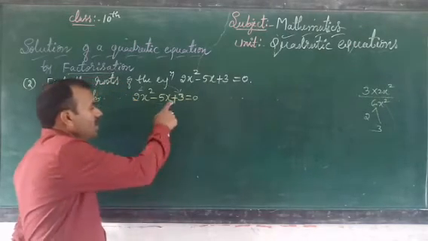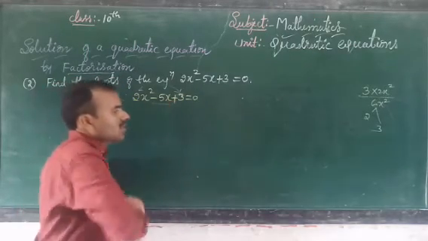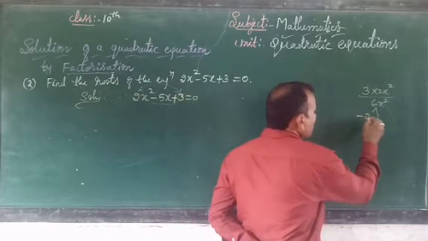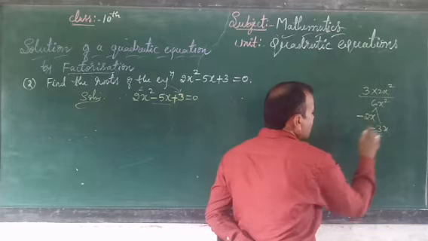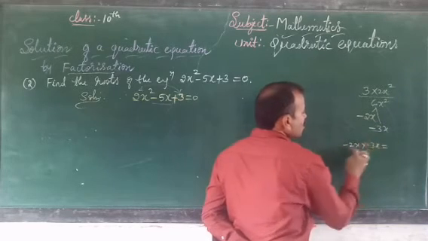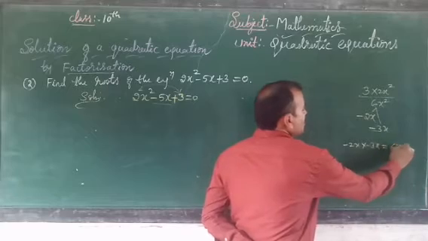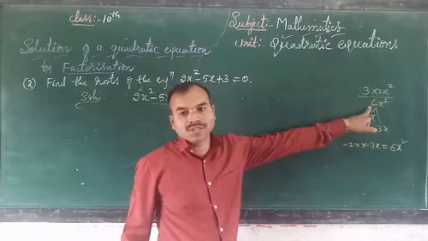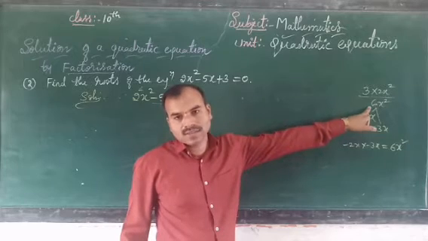Here minus is there and in the last term plus is there, so we take minus to both terms. Dear students, minus 2x into minus 3x equals minus into minus plus, 3 twos are 6x square. The product is positive plus 6x square.